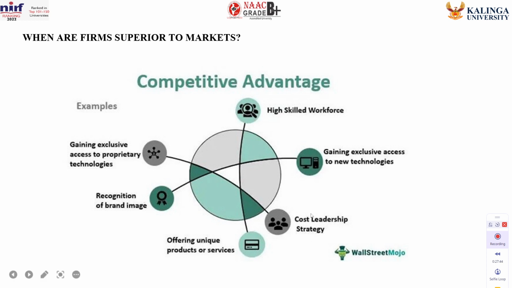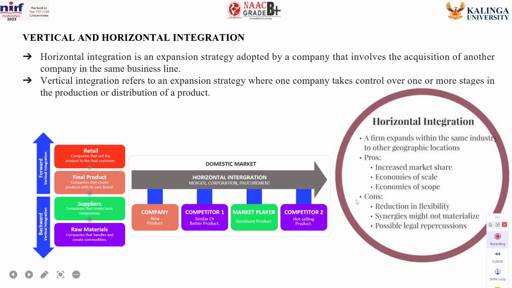Maybe they are able to produce with a low cost strategy, so their cost leadership is there. They may be able to offer unique products and services. There may be recognition among customers of the brand image, or gaining exclusive access to proprietary technology. So there may be some technology developed by the company which they have proprietary access to, and that they are not going to offer in the market.